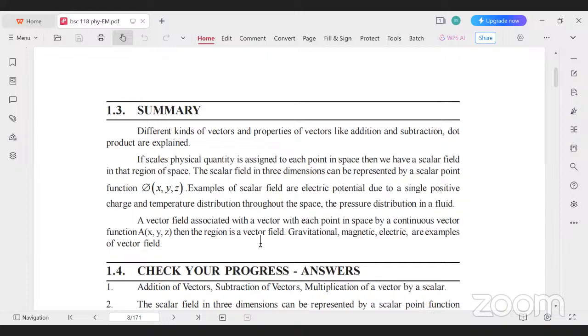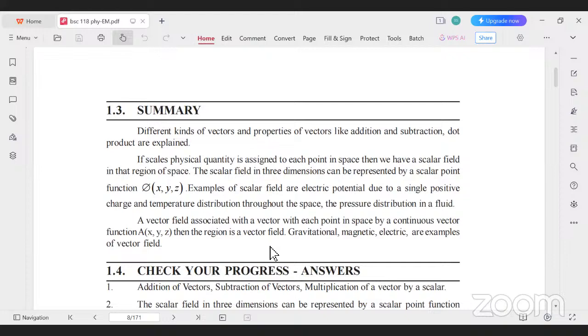A vector field associates a vector with each point in space by a continuous vector function, that is A of X, Y, Z. Then the region is a vector field. Gravitational, magnetic, and electric fields are examples of it. So you can take the gravitational force, magnetic force, electric force and calculate them.